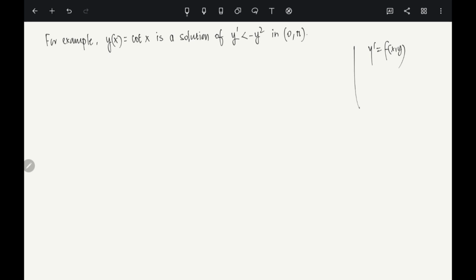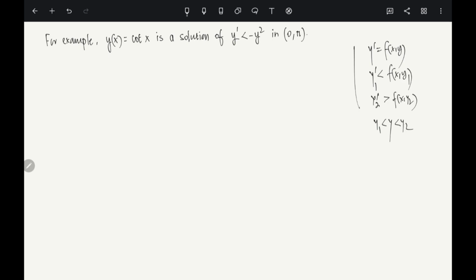Okay, you find two equations which is something like this: y1 prime is less than f of x, y1, and you find a y2 such that y2 prime is greater than f of x, y2. Yes, and of course some initial conditions should be there, and you want your y to lie between y1 and y2. You understand?